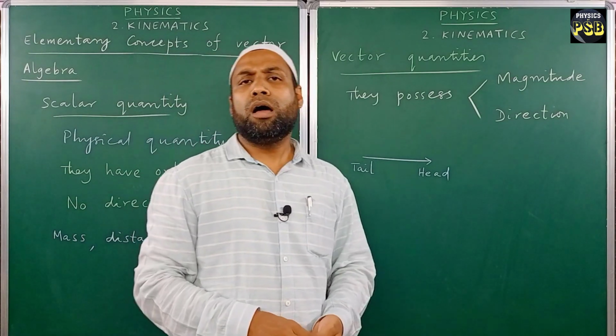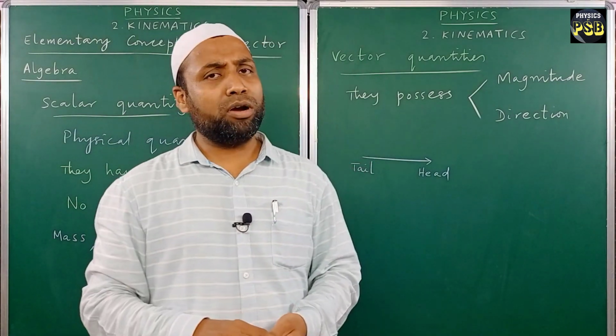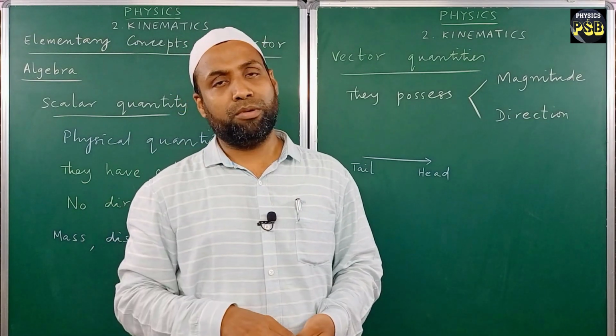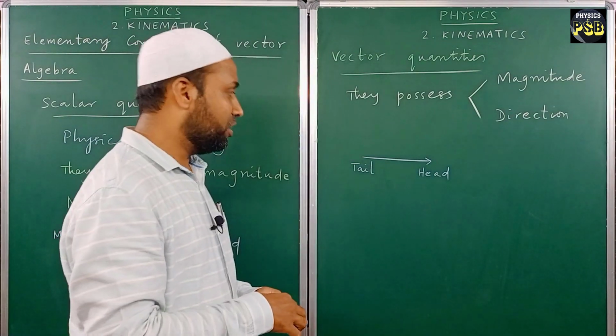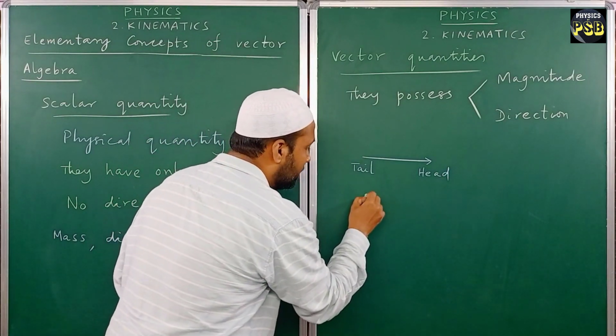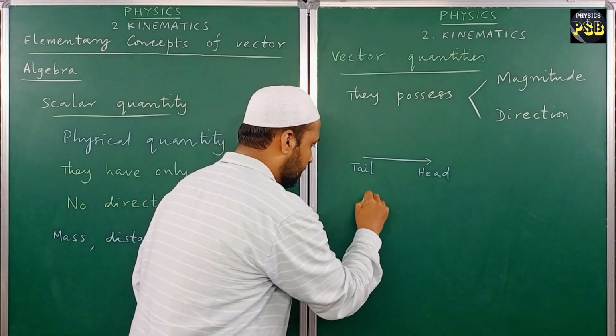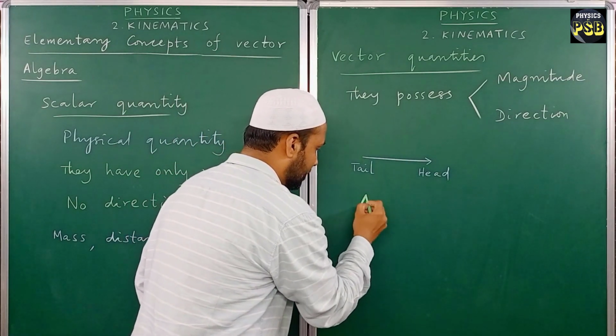Then I will tell you how we represent a vector quantity. A vector quantity is represented in two different methods, in two different ways. The old method of representing a vector quantity is by a bold letter.